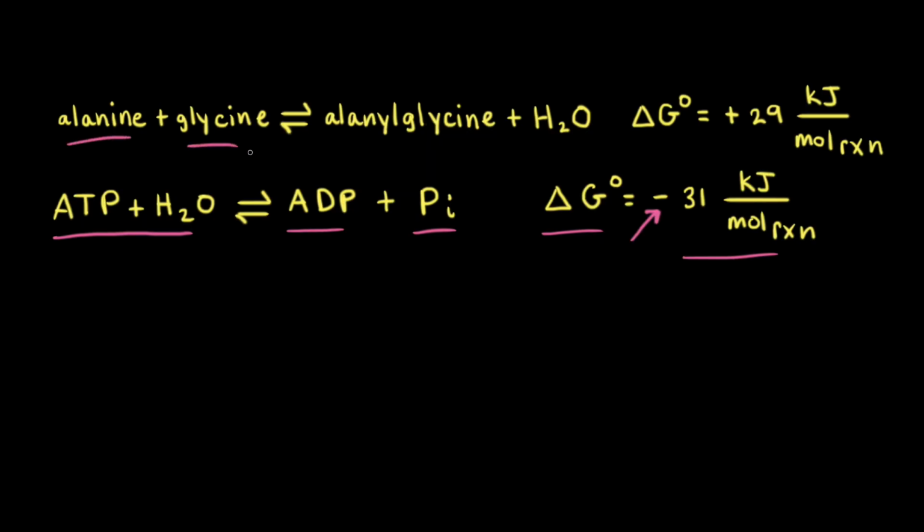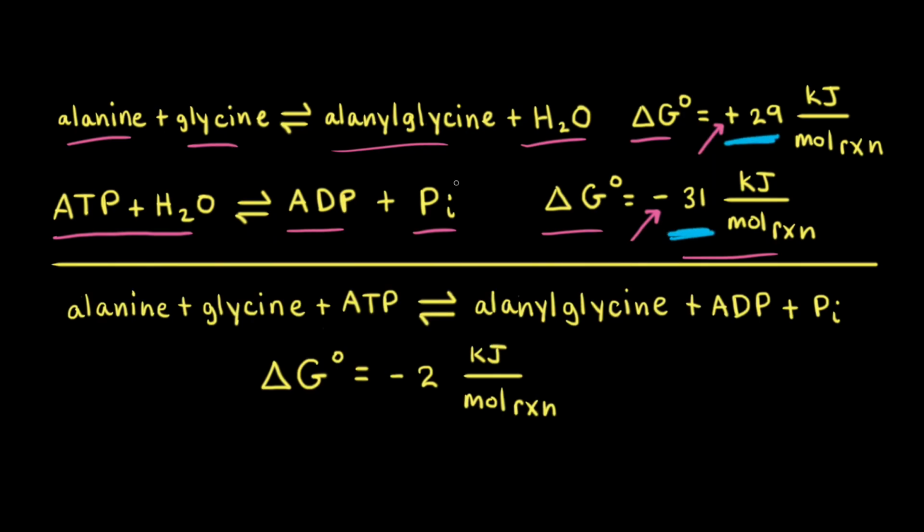Alanine and glycine combine to form the dipeptide alanyl glycine and water. Delta G naught for the formation of this dipeptide is equal to positive 29 kilojoules per mole of reaction. Since delta G naught is positive, this reaction is thermodynamically unfavorable. With the help of an enzyme, the unfavorable reaction is coupled to the favorable reaction.